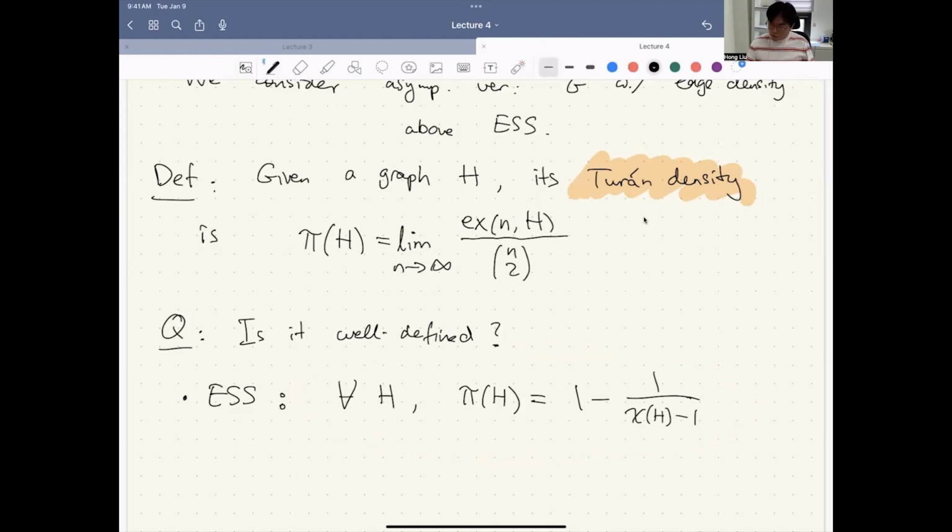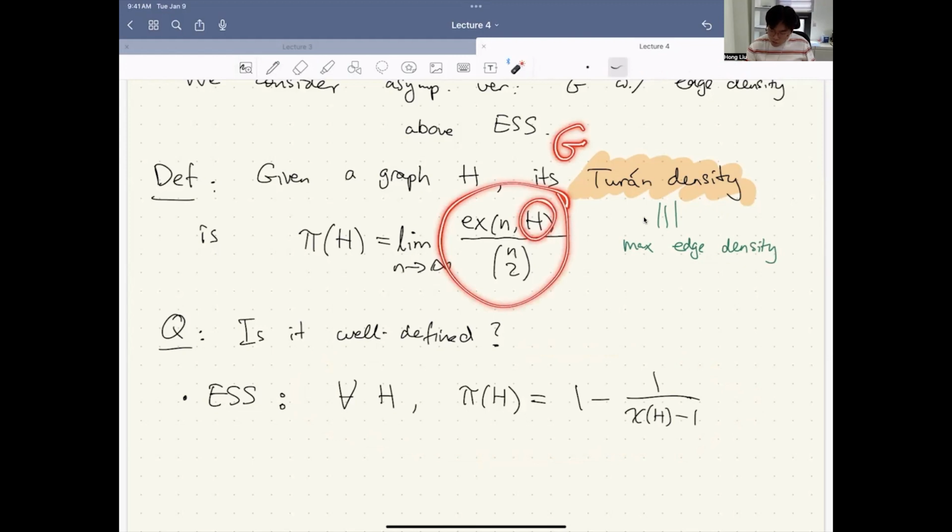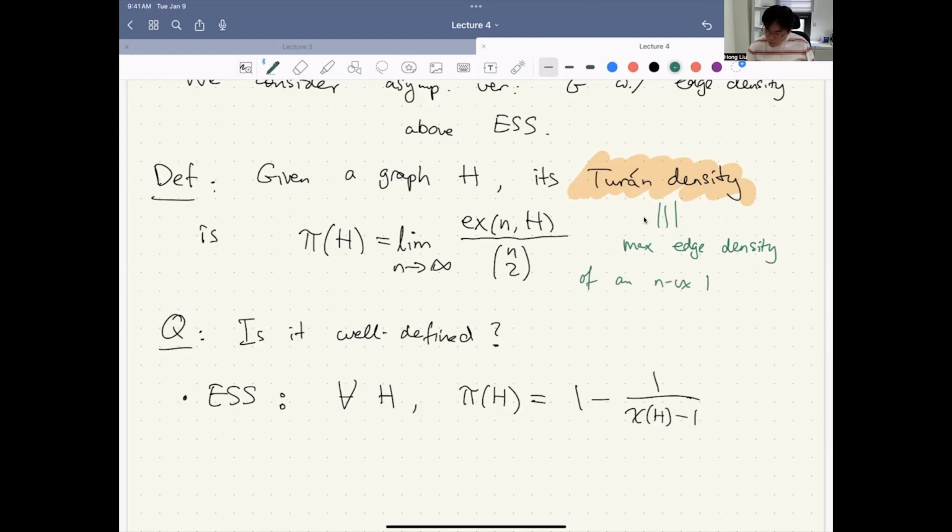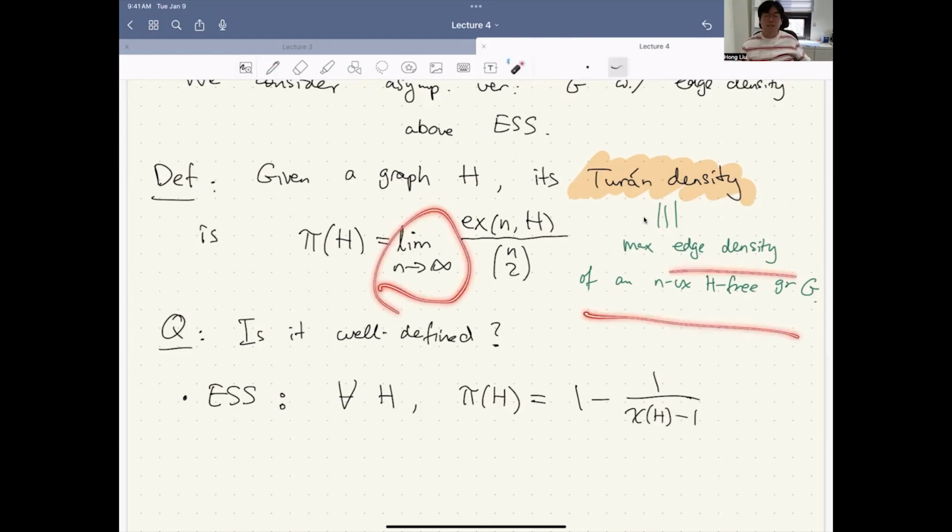In other words, one can also view this Turán density as basically the maximal edge density of an n-vertex H-free graph G. Well, okay, not quite the limit of it, because we take the limit, but more or less something like this.